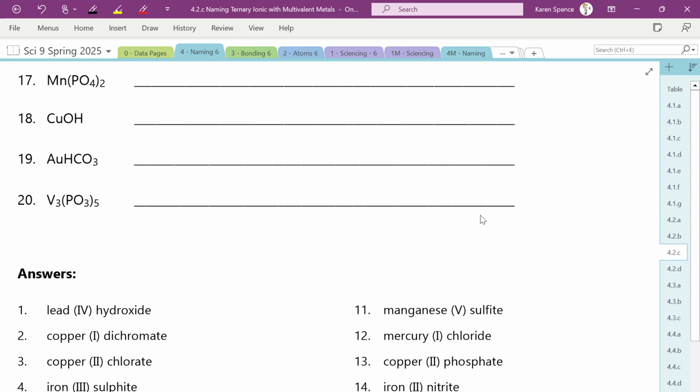These ones, the PO4, that's the, and it's, exactly. Yeah.